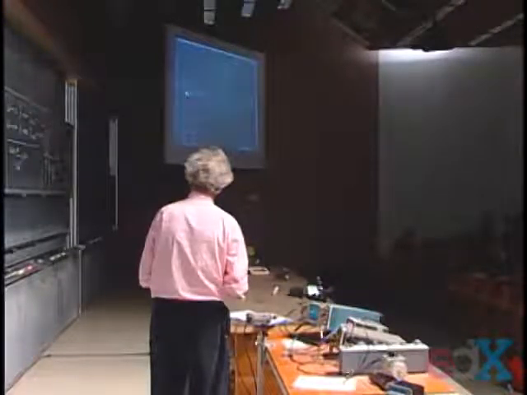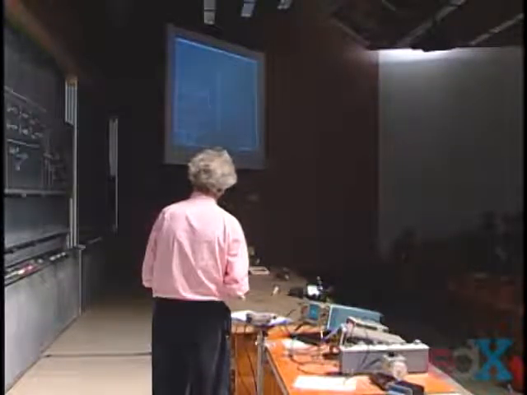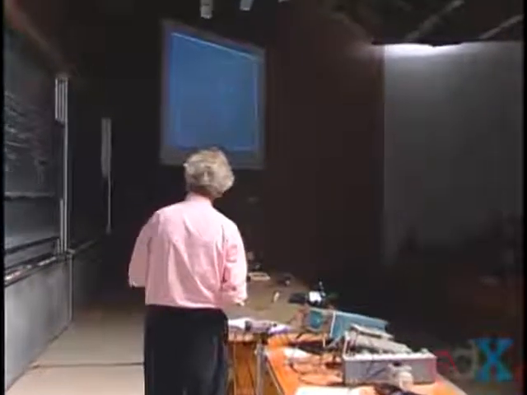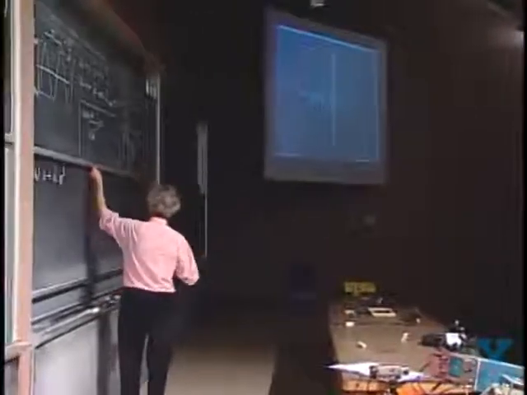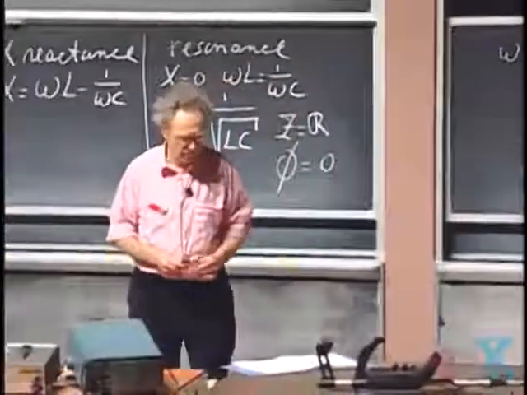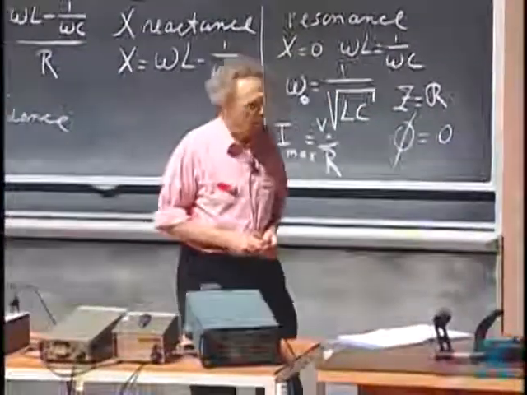Now omega is 0 here, omega goes up, I go through resonance, and omega is here, the value, the 16,000 radians per second that we had here. And it sweeps back and forth between 0 and 16,000. So you see a dramatic increase at resonance.